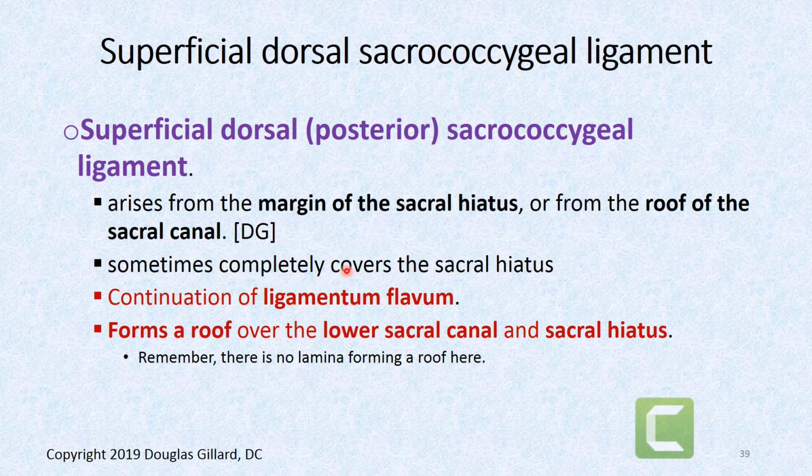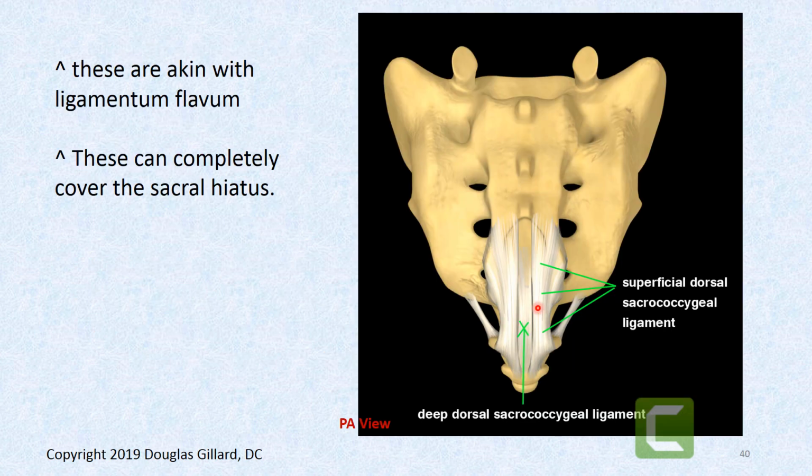Sometimes it completely covers the sacral hiatus. It forms a roof over the lower sacral canal and sacral hiatus, and that's about all you have to know. Here's a picture of this, a remnant of ligamentum flavum. There's our deep dorsal sacrococcygeal ligament, which would be into the plane of the page on the back side here.